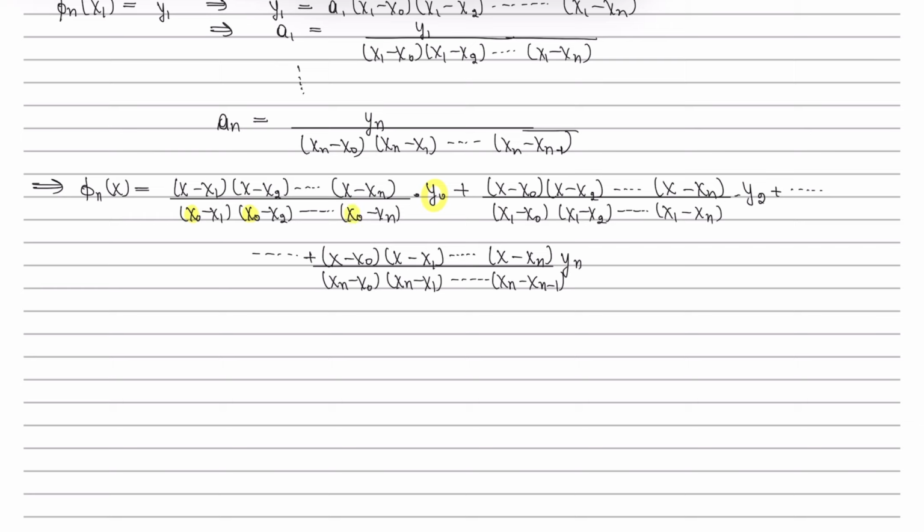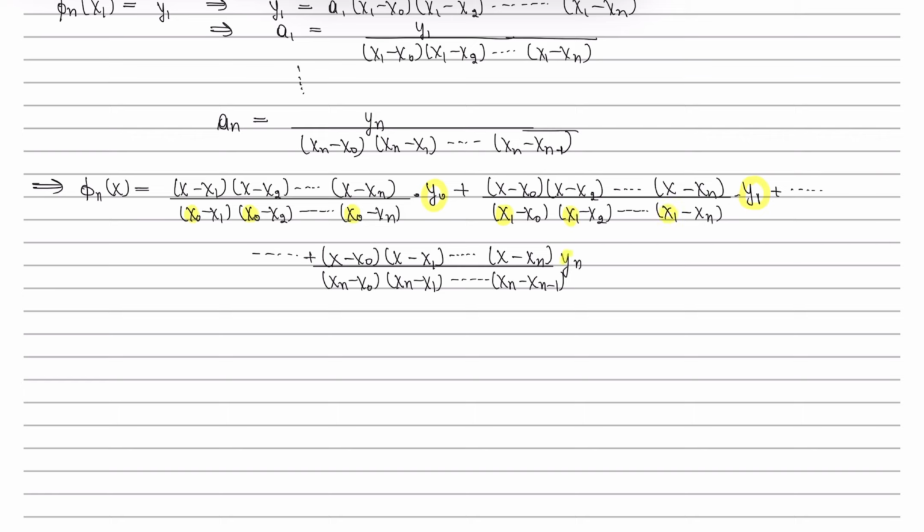Similarly, for the coefficient of y2 in the numerator, please make a correction here that this is y1 not y2. Now the coefficient of y1 will have all the terms subtracting from x except x1, and in the denominator we will just directly put the value of x1 in place of x.